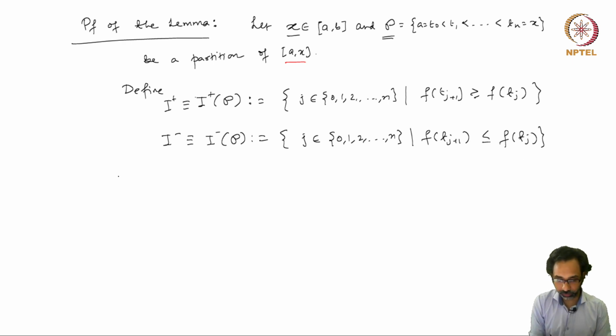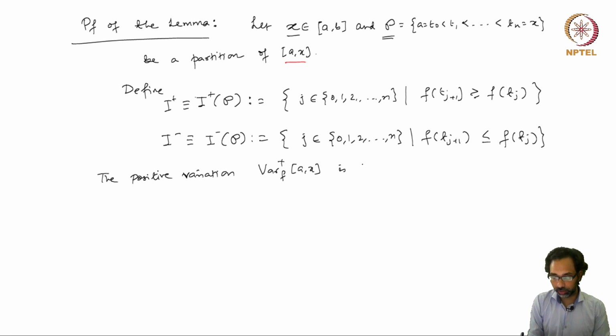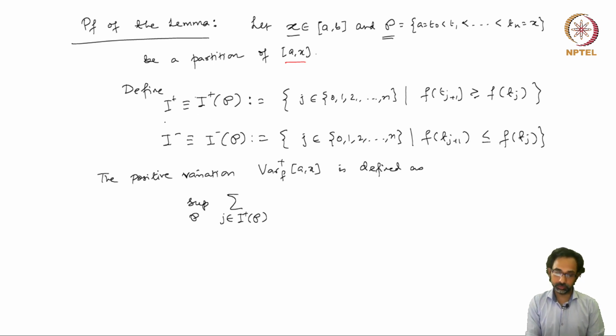Okay, so now we define the positive variation, which we denote by Var plus f on [a,x]. This is defined as the supremum over all partitions of sums taken over the indices in I plus.